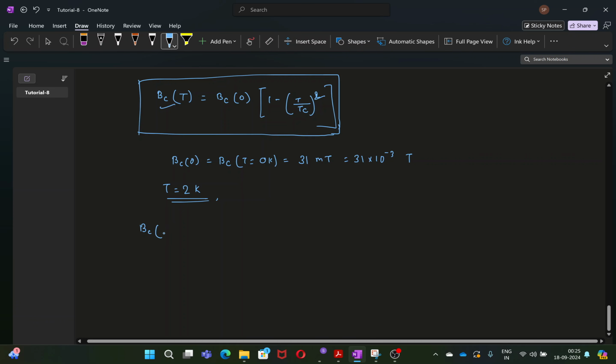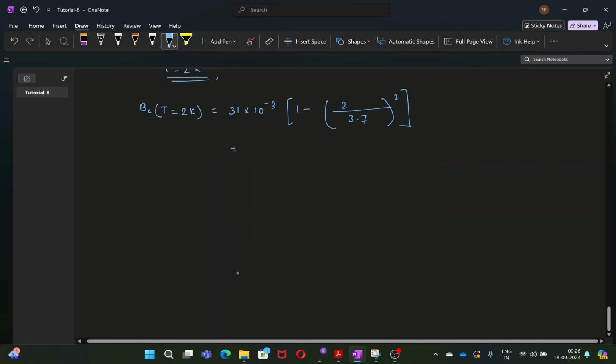So BC at T equal to 2 Kelvin equals BC0, which is the direct value, you substitute that here. So this is 31 into 10 to the power of minus 3 into 1 minus T, which is 2, divided by Tc, which is 3.7, this whole thing squared in the bracket.